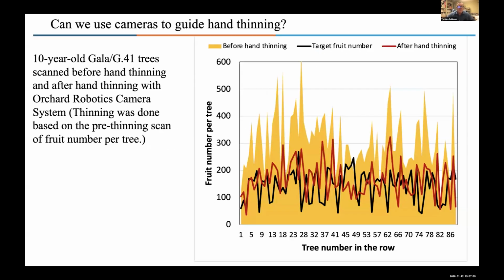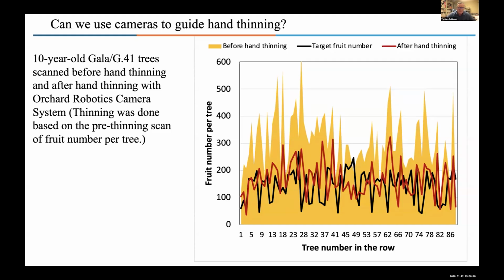I'm going to end up with just a couple of comments. After chemical thinning, you can use cameras to guide hand thinning. This is a picture showing trees along a row in the Hudson Valley where we scanned with Orchard Robotics before thinning. That's the yellow, jagged peaks. And then we calculated how many fruits should be left. That's the black line.